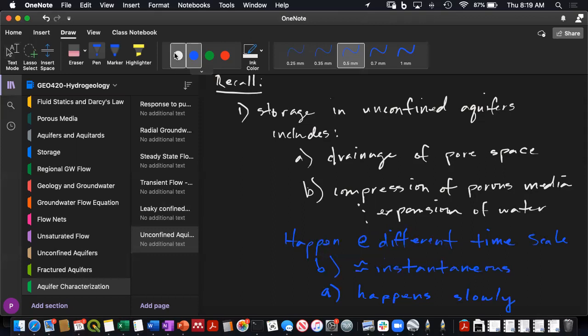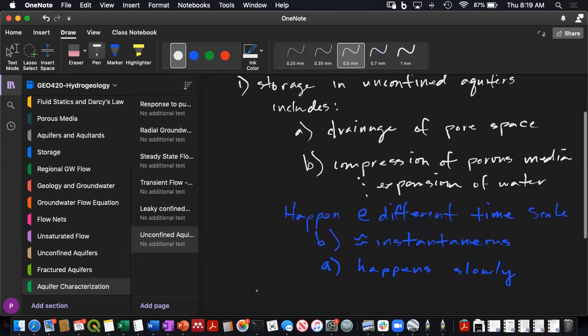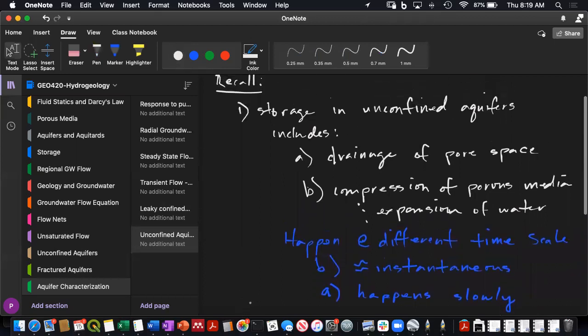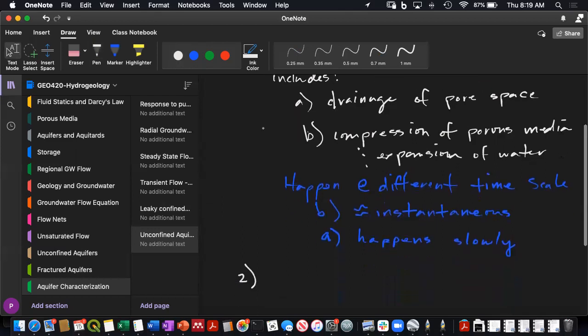What is the other major way that unconfined aquifers are different than confined aquifers? We got the storage difference. What's the other major way that they are different?